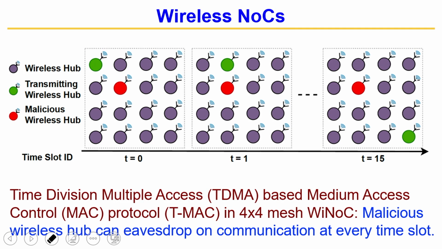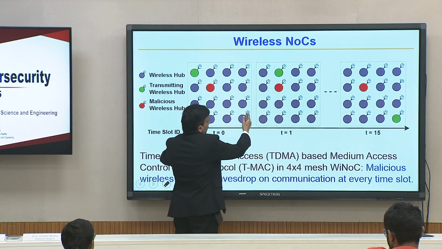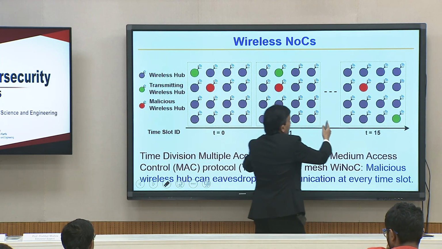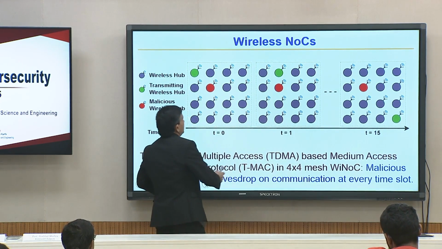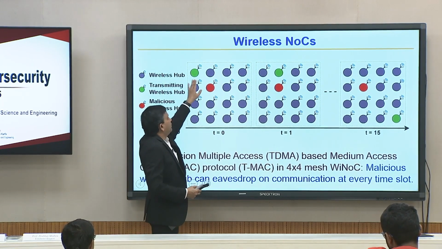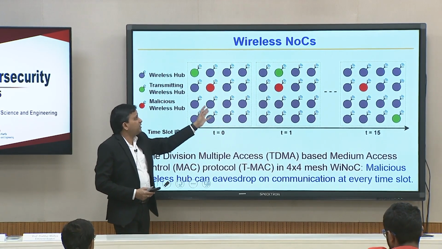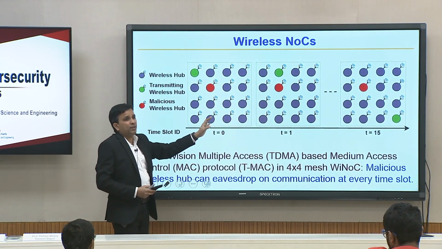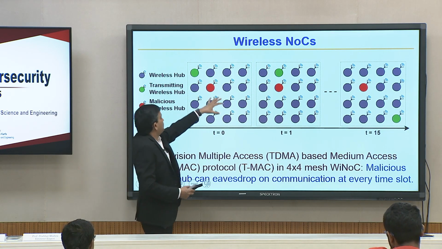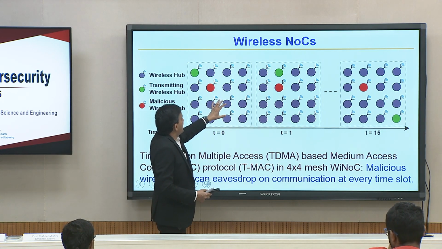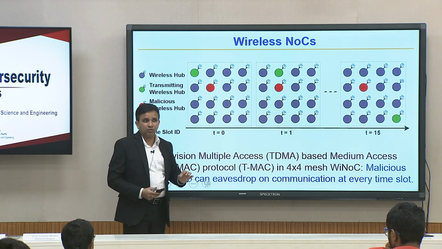And for this wireless NoC, what you are seeing is timestamp 0, or think of it as clock cycle 1, this is the clock cycle 2 picture, this is the clock cycle 15 picture, and different people are talking at different times. And remember, this is time division multiplexing. If everybody starts talking, assuming the RF bandwidth is for one person to talk, or multiple people start talking at the same time, then there is going to be a serious interference problem in wireless communication.